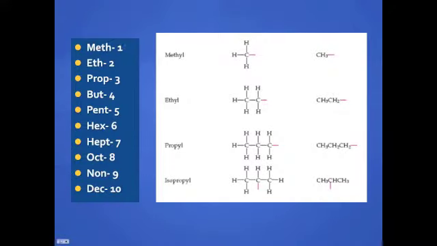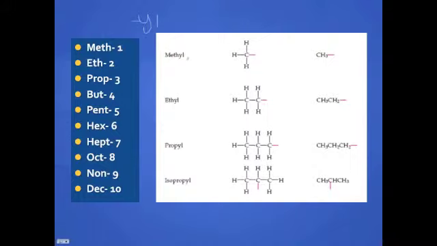Before showing you how to name hydrocarbons, well, alkanes, I need to show you some prefixes needed, which are meth, eth, prop, and but. Depending on the number of carbons that we have, we will use one. In functional groups, we will have the suffix "-al". Here, for example, we have one carbon, so it's methyl, because meth stands for one, and then we have ethyl, which is for two.